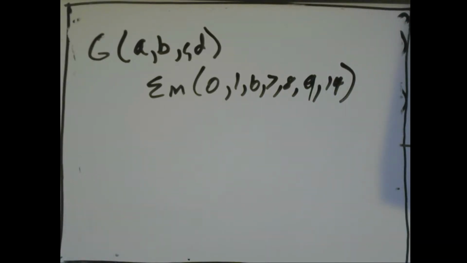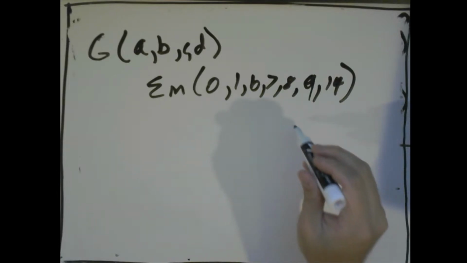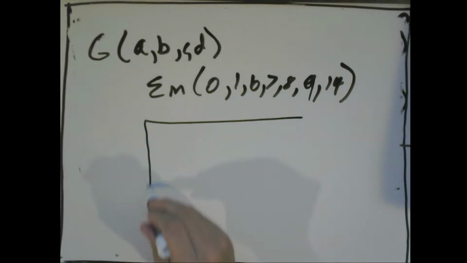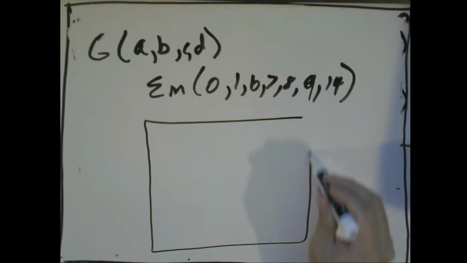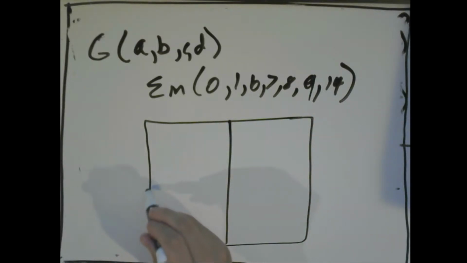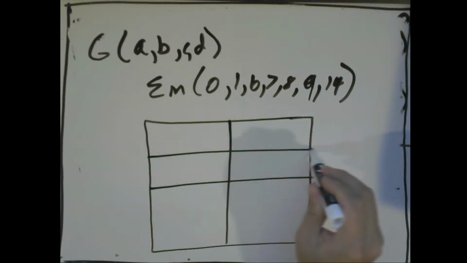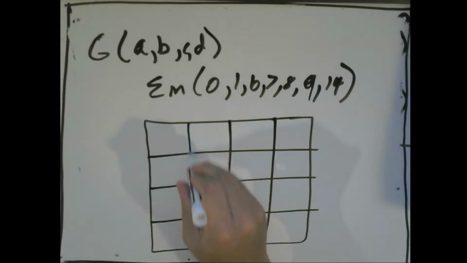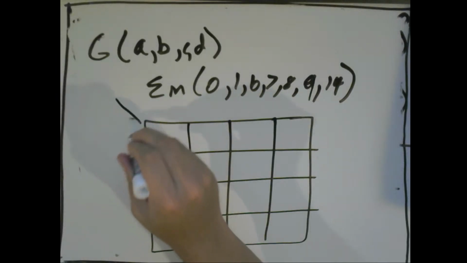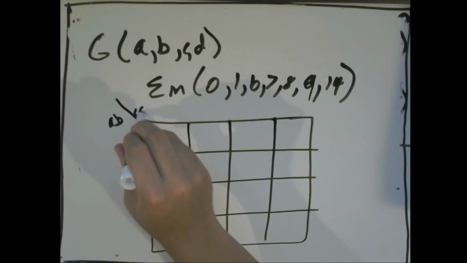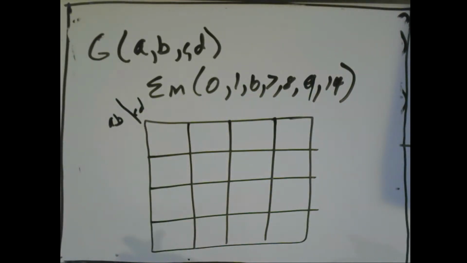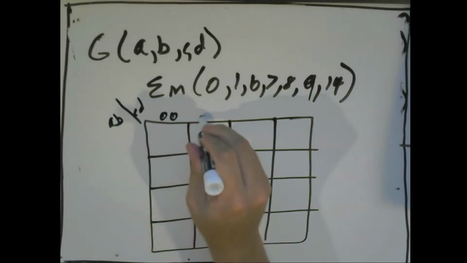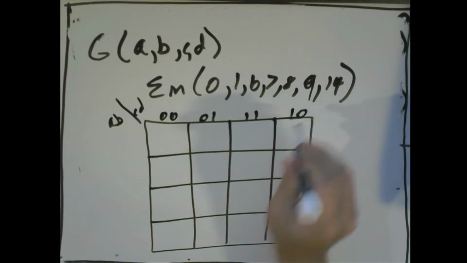Well, first we want to come up with our K-map. If we have a 4-variable K-map, we're going to form a grid like this. So let this be AB, and this is CD right here. I'm going to number them 0, 0, 0, 1, 1, 1, 1, 0.